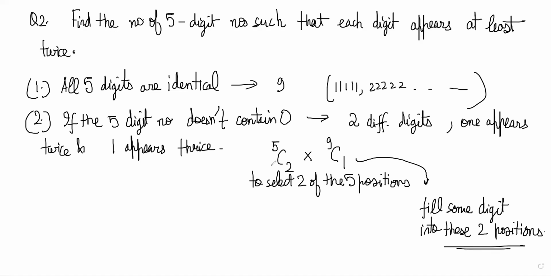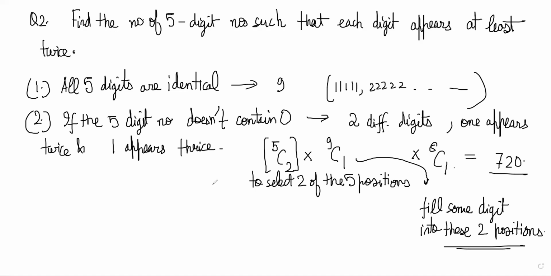Then we are left with 3 remaining positions and 8 remaining digits, so we can fill that in 8C1 ways, or 8 ways. So 5C2 to select 2 positions, 9 ways to put a digit, and then 8C1 to fill the remaining 3 positions with another digit. This gives us the total count, which becomes 720.